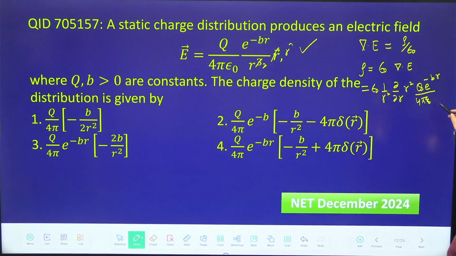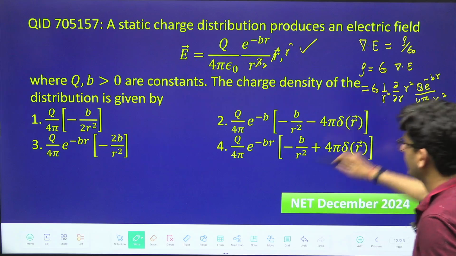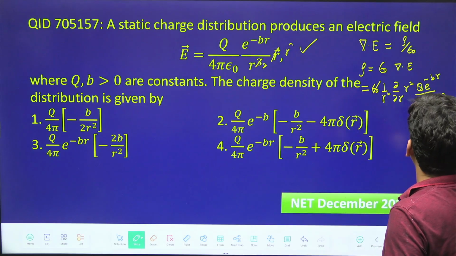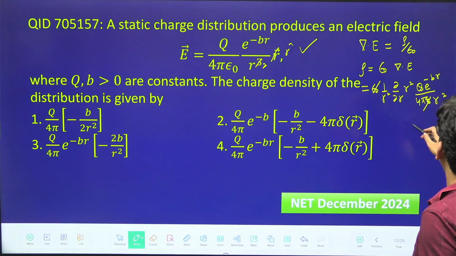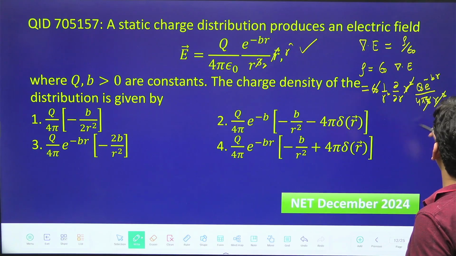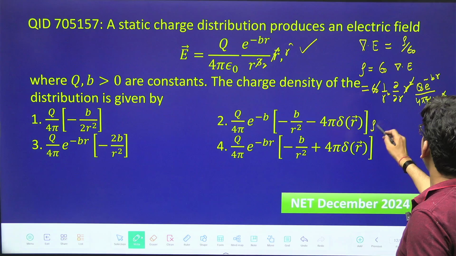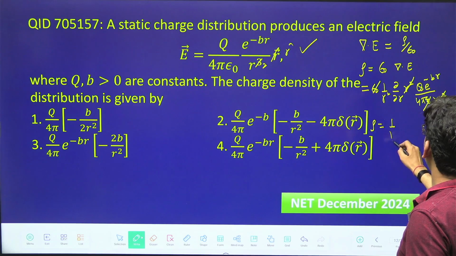Okay, so this will be r square. So this we have to manage, and you can see this epsilon naught will cancel and this r square will also cancel, and we will get rho is equal to 1 by r square.